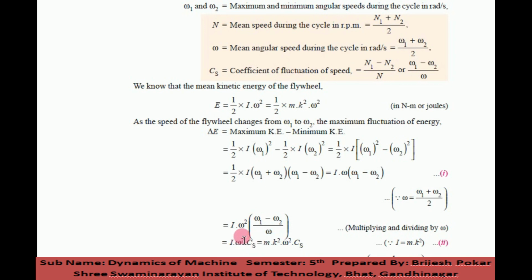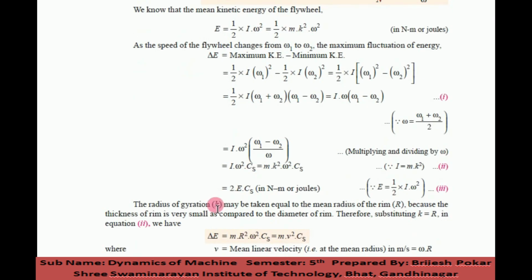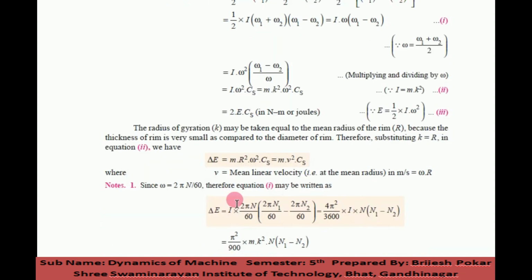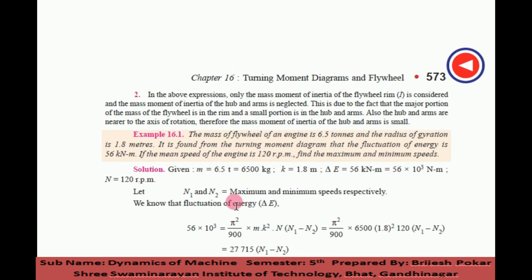So I omega square CS is equal to m k square omega square CS. So finally 2 E CS. Since E is equal to 1/2 I omega square, here we can add 2 E CS. So you can find it this way and this way. These three equations you can get over here.